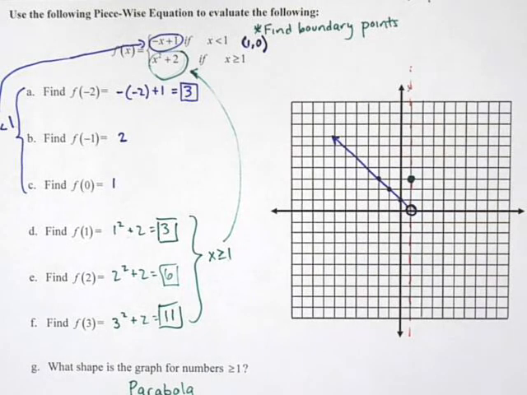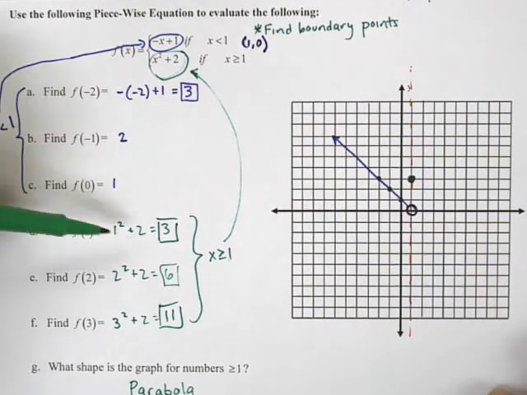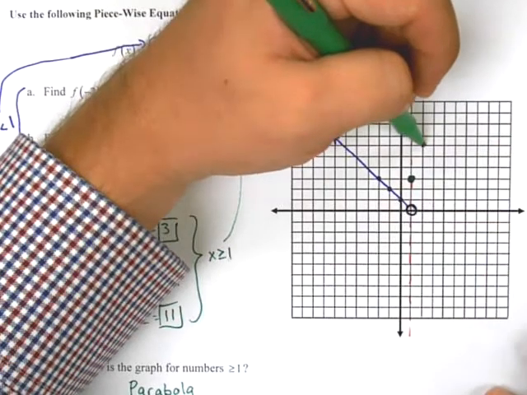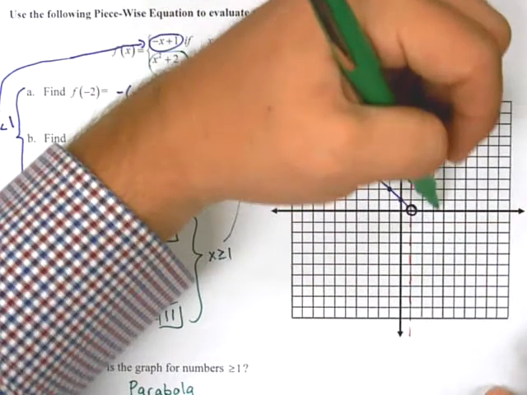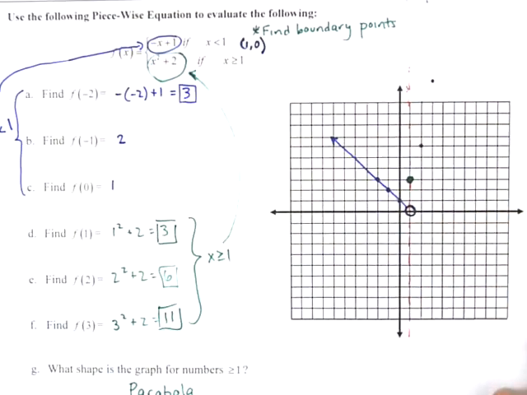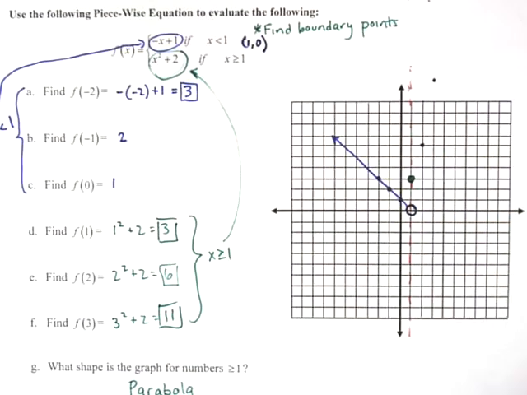For parabolas, it's a little different. I'd almost say that the points are easier, but a little more time consuming. Like I now know that I have a point at 2 comma 6 and another one at 3 comma 11, something like that. Okay, so I know what this is going to look like. The other thing, we just got finished working on graphing parabolas.